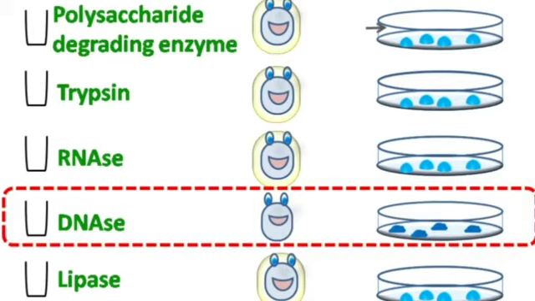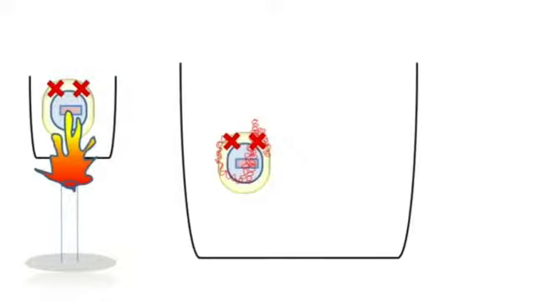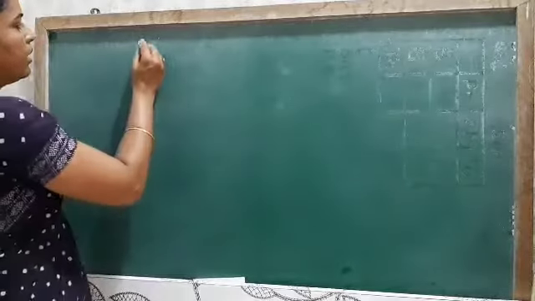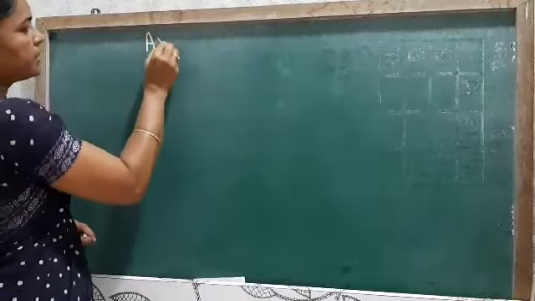It was only the DNase treatment that failed to convert the rough strain to the smooth strain. This means that the DNA was the transforming principle. The Avery MacLeod and McCarty experiment.